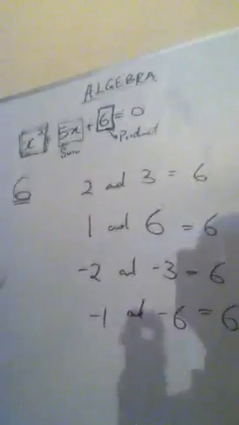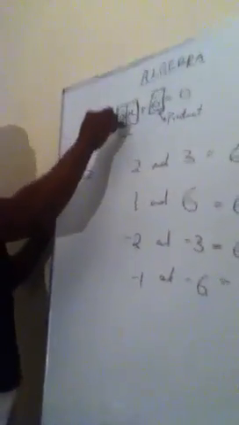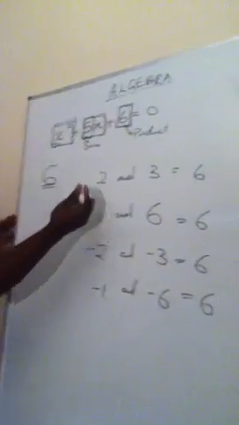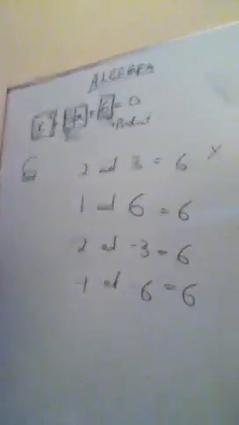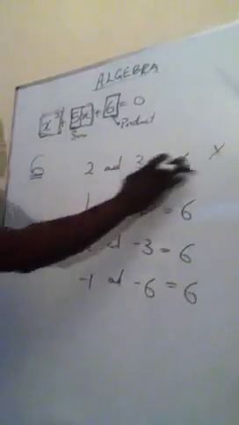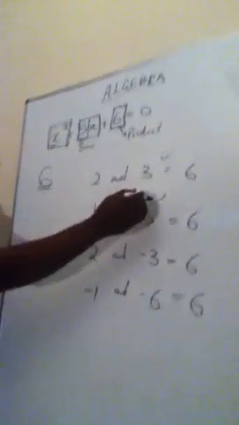However, you think of two numbers such that when you add them together they give you plus 5. 2 and 3, when you add them, give you 5. 1 and 6, when you add them, would it give you 5?